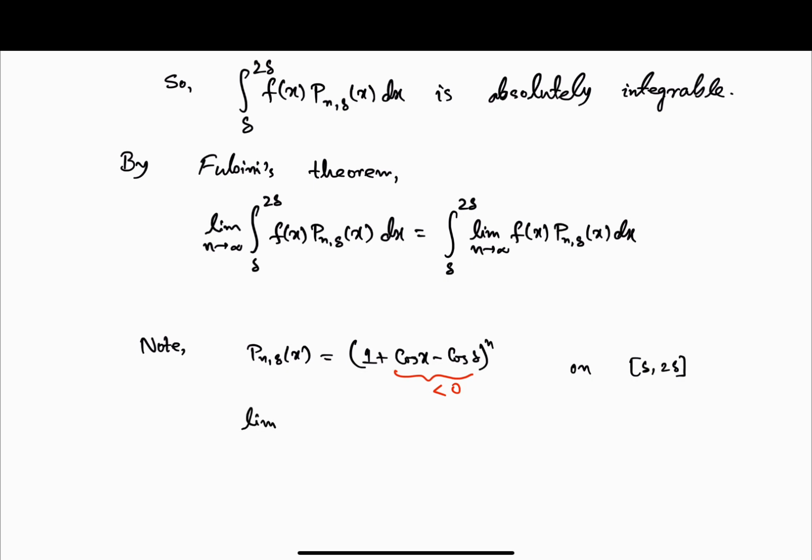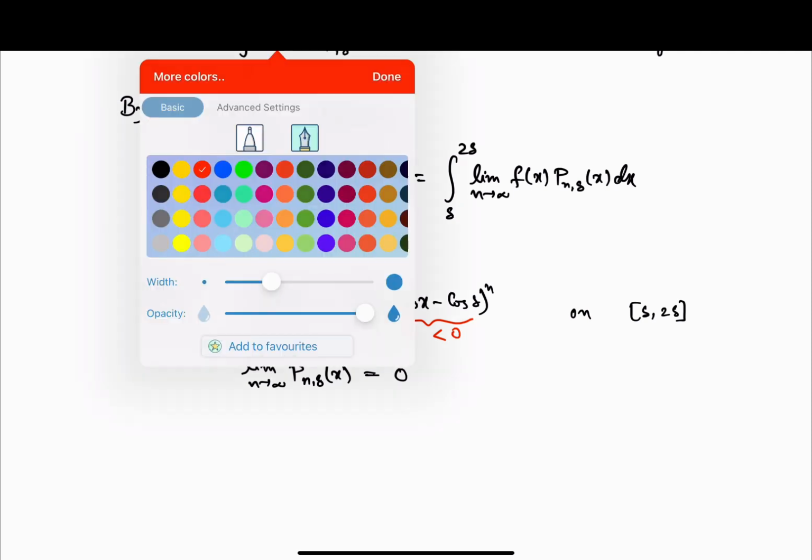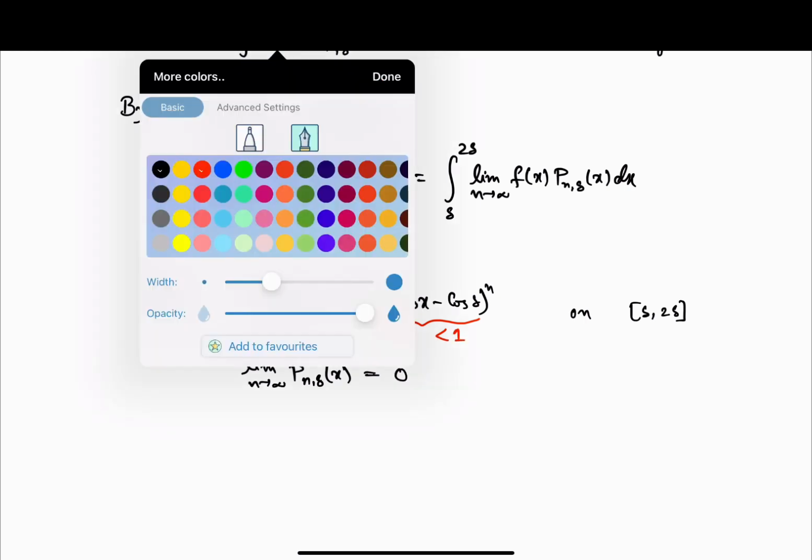So therefore the limit n tends to infinity of p_n,delta(x) is 0, because the entire quantity becomes less than 1, so if you take n to infinity it goes to 0.